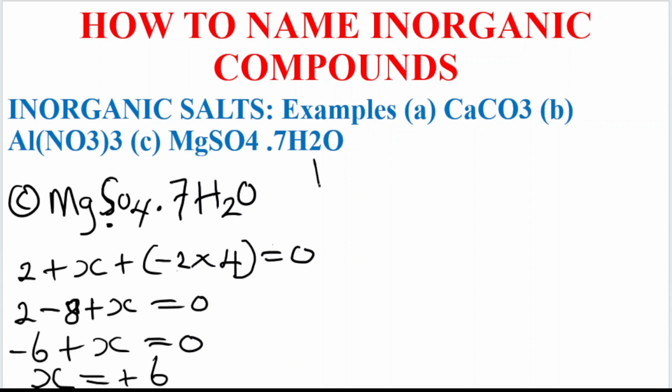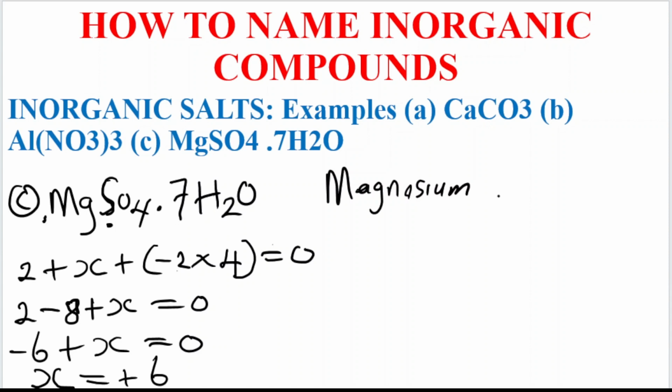So how do we name such a compound with water of crystallization? First, the rules: we always start from the front to the back. So we have magnesium, then we go to the back.